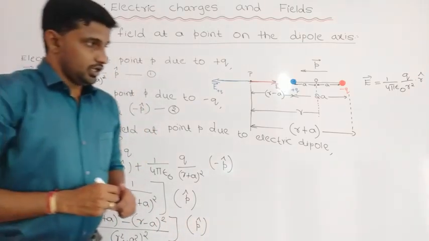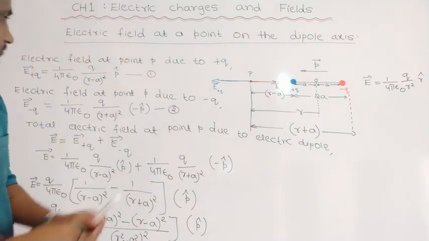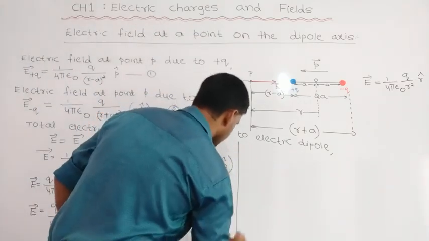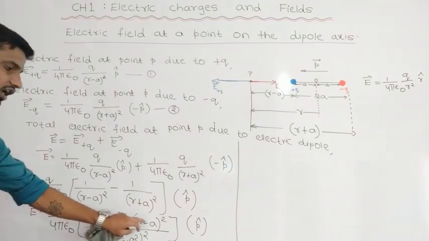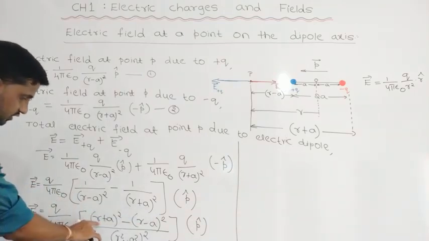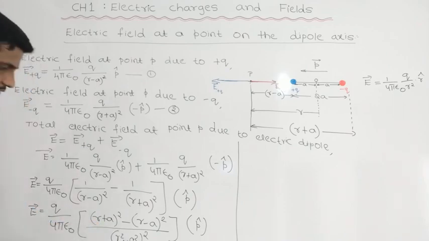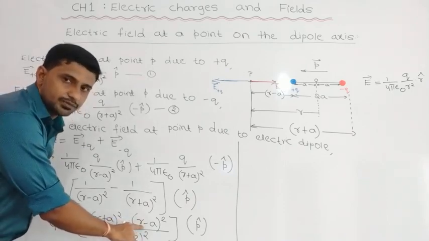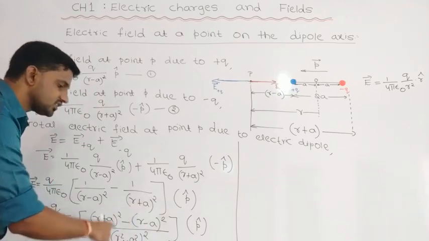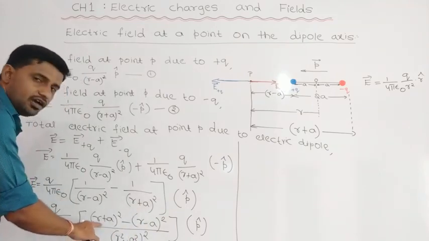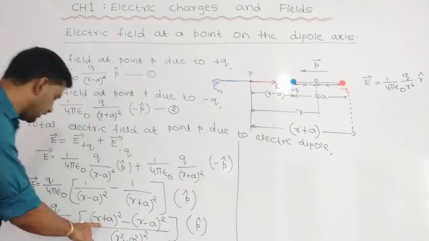In the next step, see here, R plus A whole square minus R minus A whole square. This one is in A plus B whole square form, and this one is in A minus B whole square form. If I substitute that formula, after cancellation I will get 4RA.